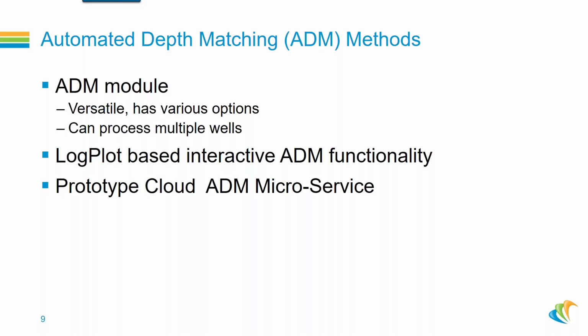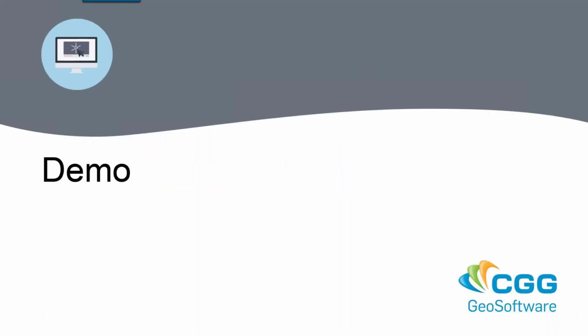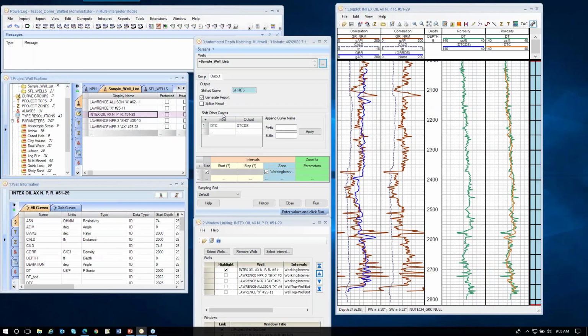We're going to show a log plot, which is our log plotting software to view the log data, an interactive automated depth matching functionality, and then we're going to take a quick look at our prototype cloud automatic depth matching microservice that we actually have working now, and we are getting closer to having it ready to be released. So let's go ahead and start the demo, and let's look at the data.